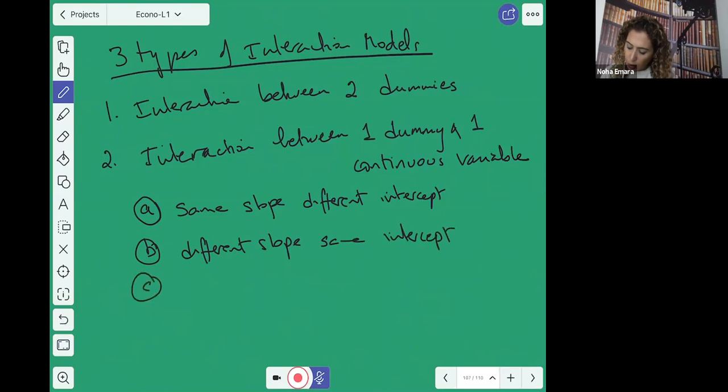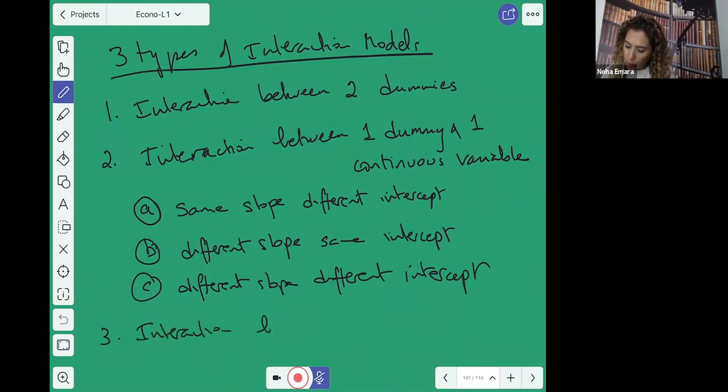And as you might expect, it can be different in both: different slope, different intercept, right? And then the last one, interaction between 2 continuous variables. Okay.